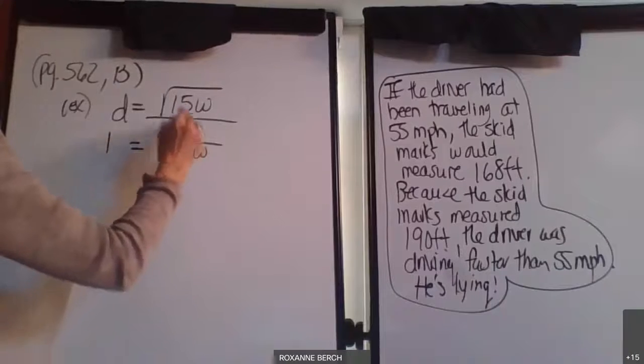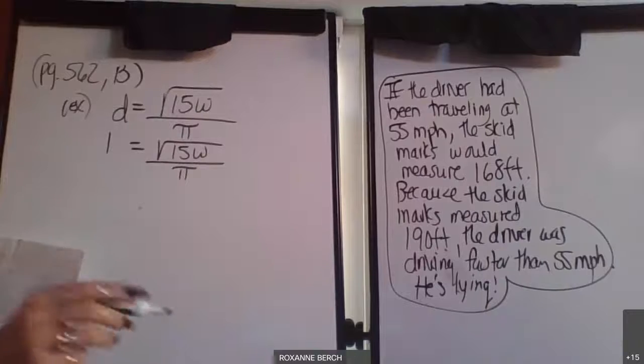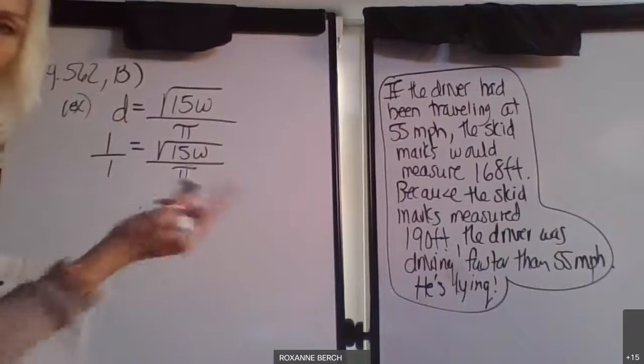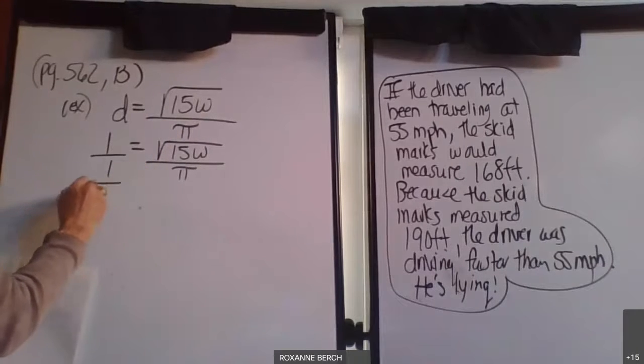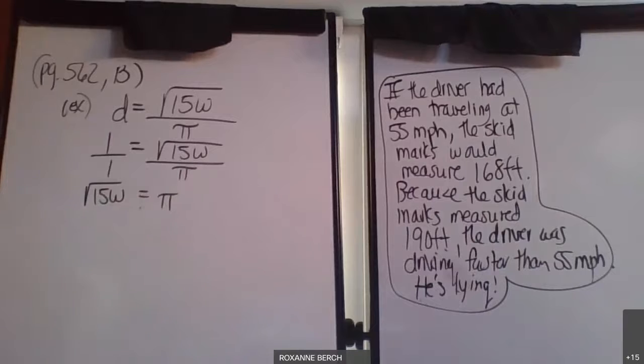So we're solving a radical equation. I'm going to put this over 1 and cross multiply, or you can multiply both sides by pi, set up a proportion. So I'm going to get square root of 15W is equal to pi. Cross multiply, right? I did not say cross cancel, I said cross multiply.